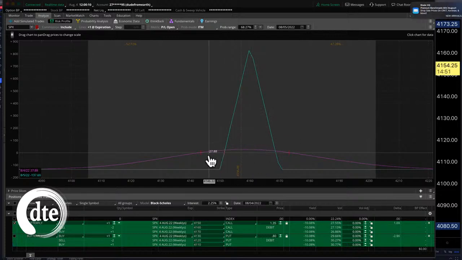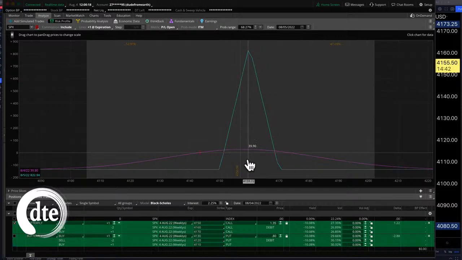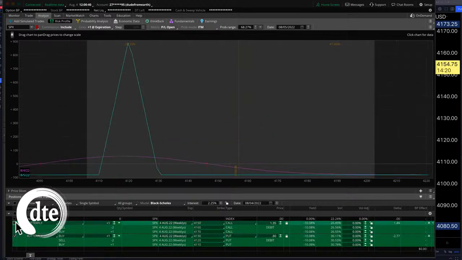If I feel like the market all of a sudden is just taking off, and it all comes down to timing, really, I could decide, hey, I'm just going to take this trade off, and let's say that it had gained $100. Then I would have made about 80% profit on that trade. So now I'm sitting with say $100 in my pocket, and I have this other trade on that cost me $80.